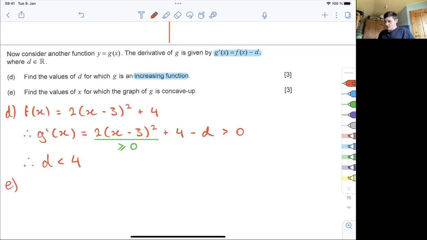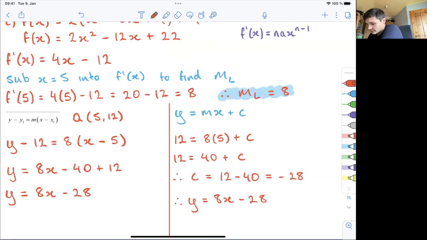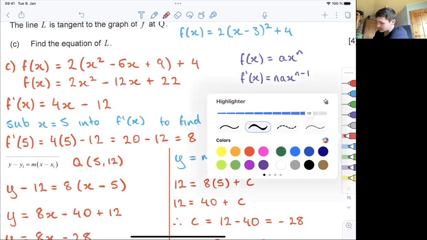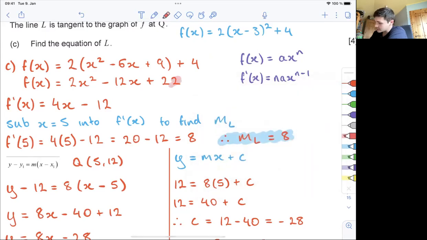Find the values of x for which the graph of g is concave up. So going back to the idea of the derivative, and we look back when we found the first derivative of f, you'll notice that we didn't touch on this enough, but constants disappear when we differentiate them.